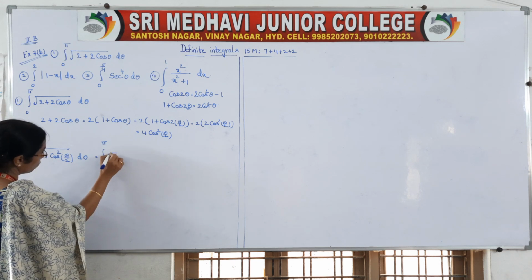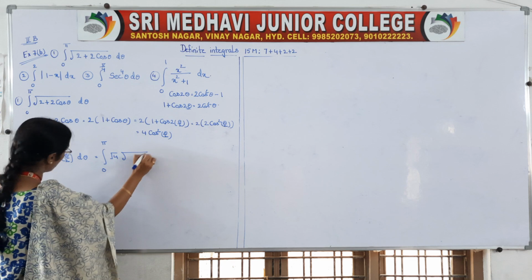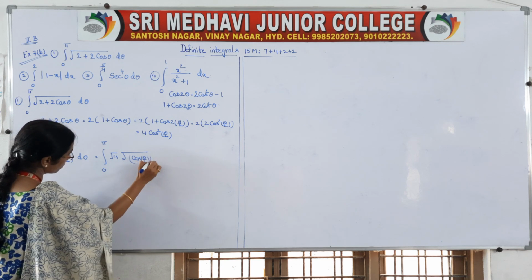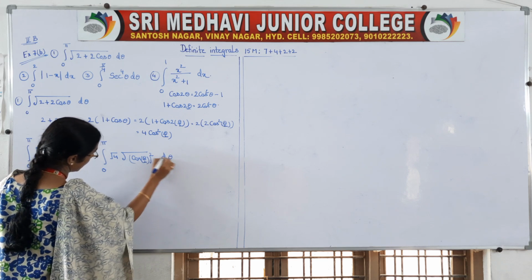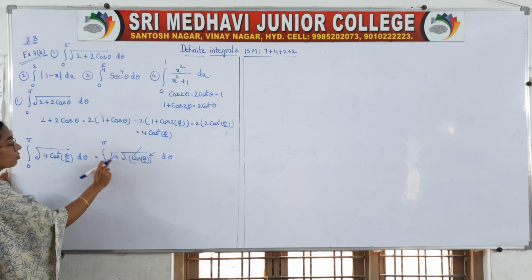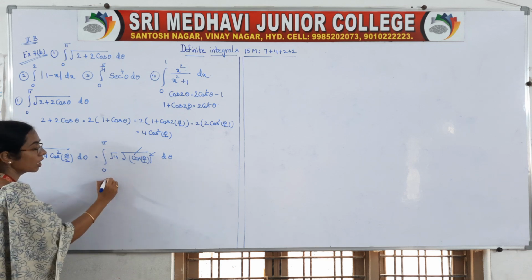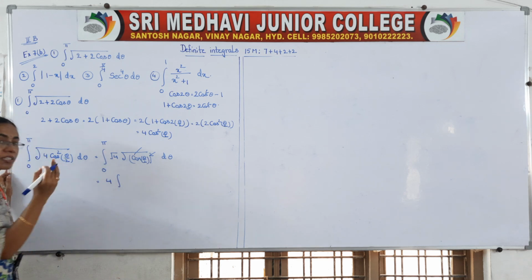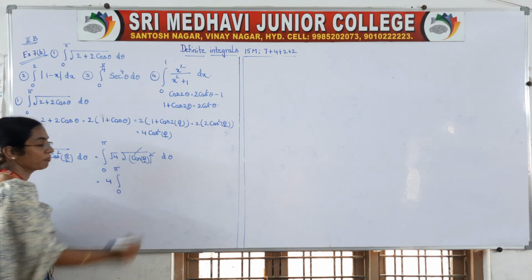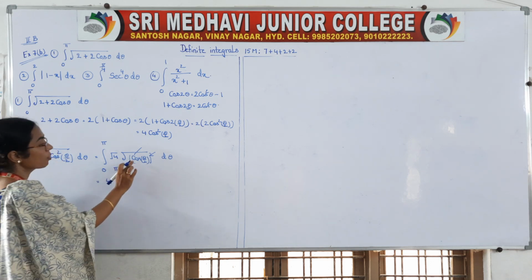So root 4 and the root of cos theta by 2 whole square into d theta; the square and square root cancel, and the root 4 value is 2. Any constant inside the integral, we write outside.